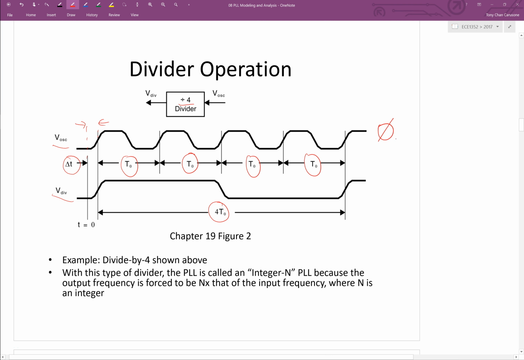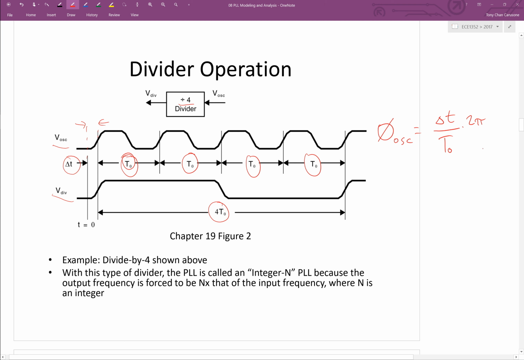We would express that in terms of the phase of the output of the oscillator, not in terms of seconds. We prefer to express it in radians. So to express it in radians, we have to normalize it to 2 pi. As far as the output of the oscillator goes, T0 is 2 pi. So to convert that delta t into radians, we multiply it by 2 pi over T0 here.